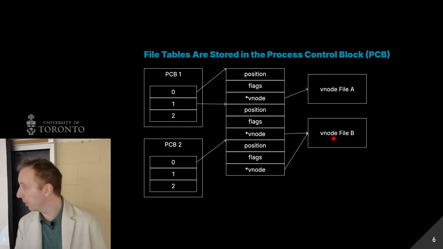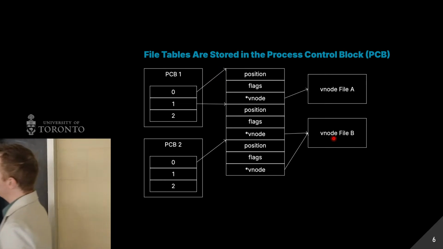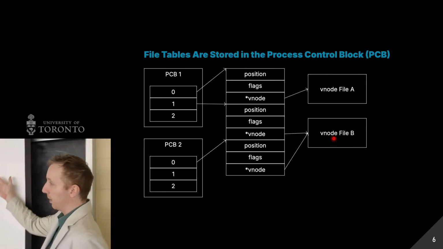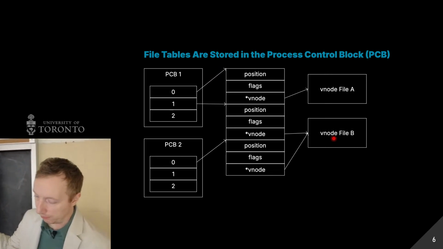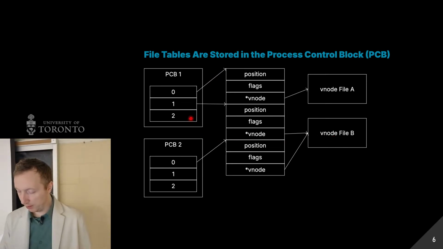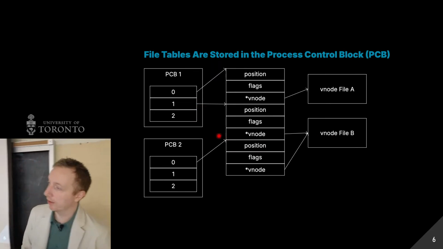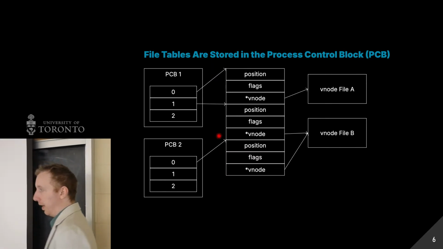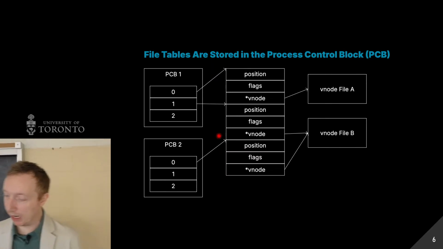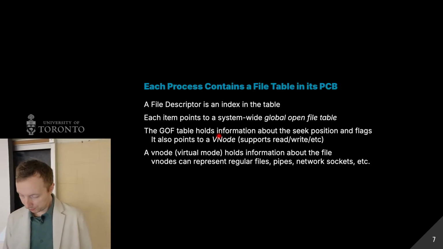And the vnode happens to refer to the same file B. So both of those processes can read file B, but a read system call in one would not affect the position in the other. The case where both of these processes point to the exact same entry is whenever you fork. They point to the exact same entry because they're just exact copies of each other.